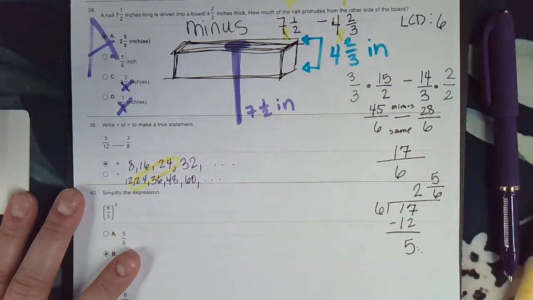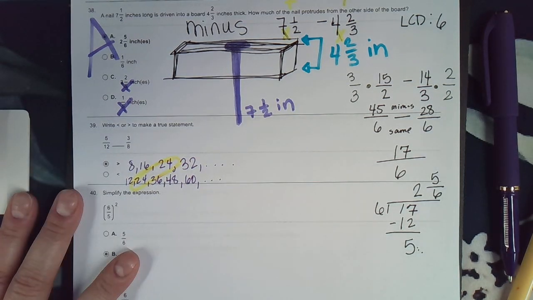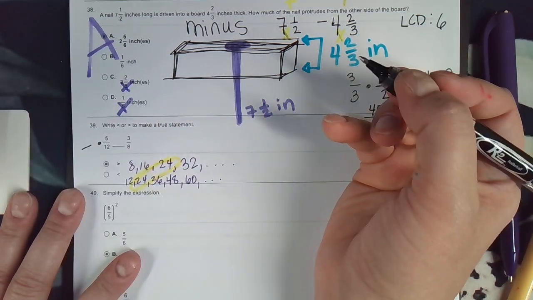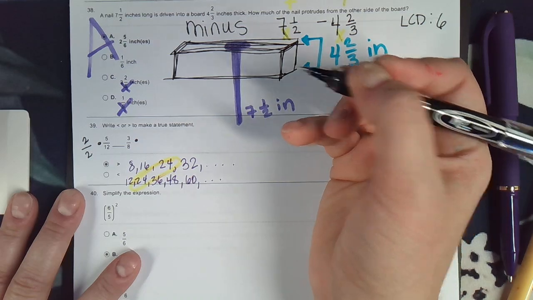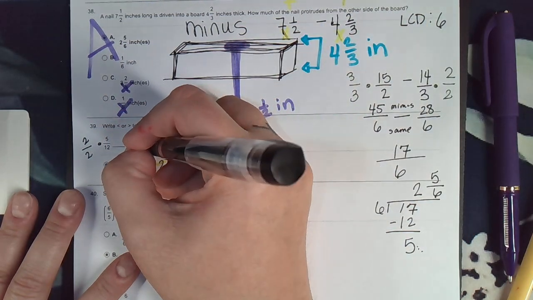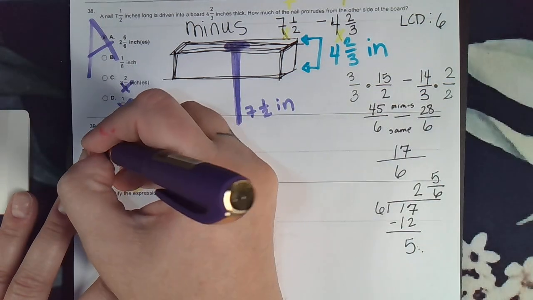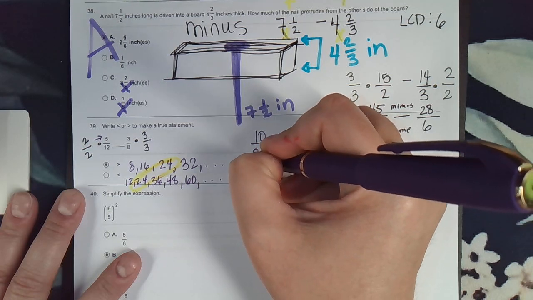24. So now we need to get these fractions to become 24s on the bottom. On the left, to get that 12 to be a 24, I'm going to multiply by 2. On the right, to get that 8 to become a 24, we're going to multiply by 3. And now we have 2 times 5, 10 over 24.